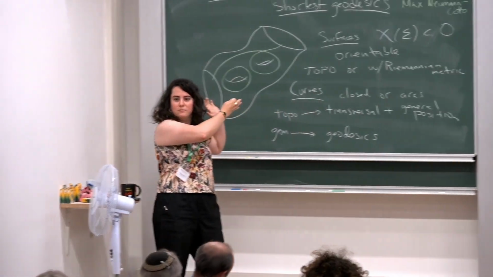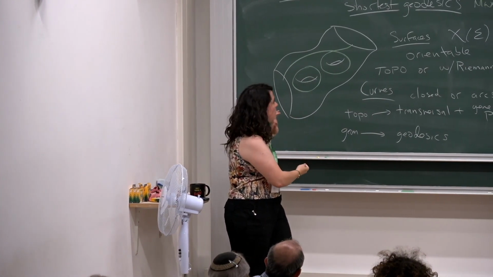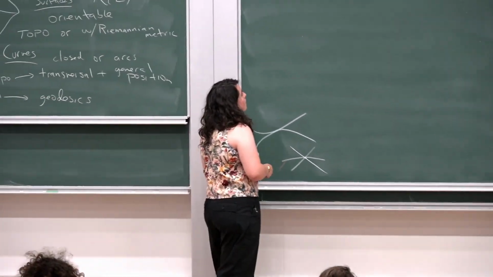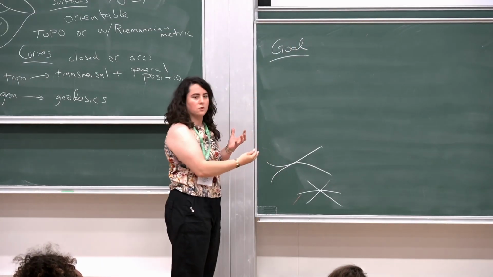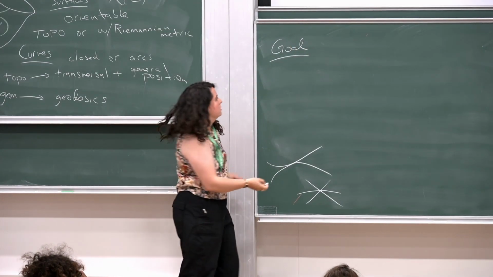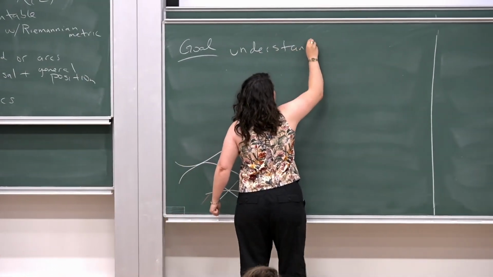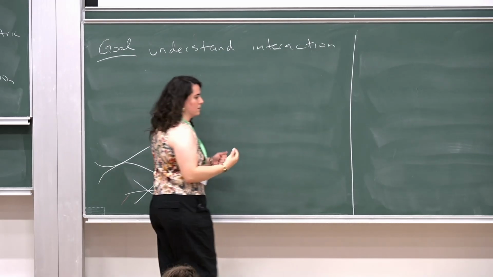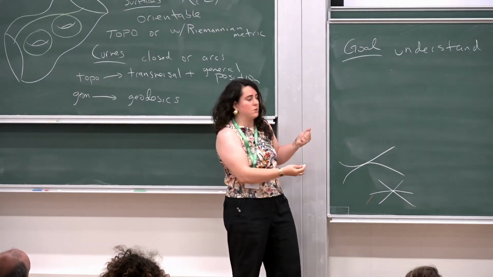Okay, so these are the objects. This is what we're going to be talking about today. What do we want to know about these things? So the goal is to understand the interaction between the geometric information and the topological or combinatorial information.